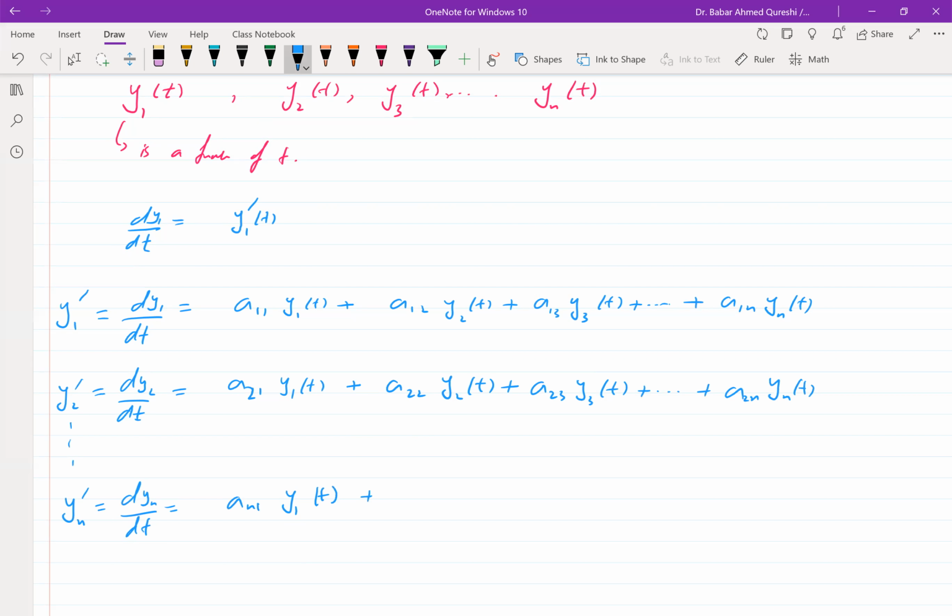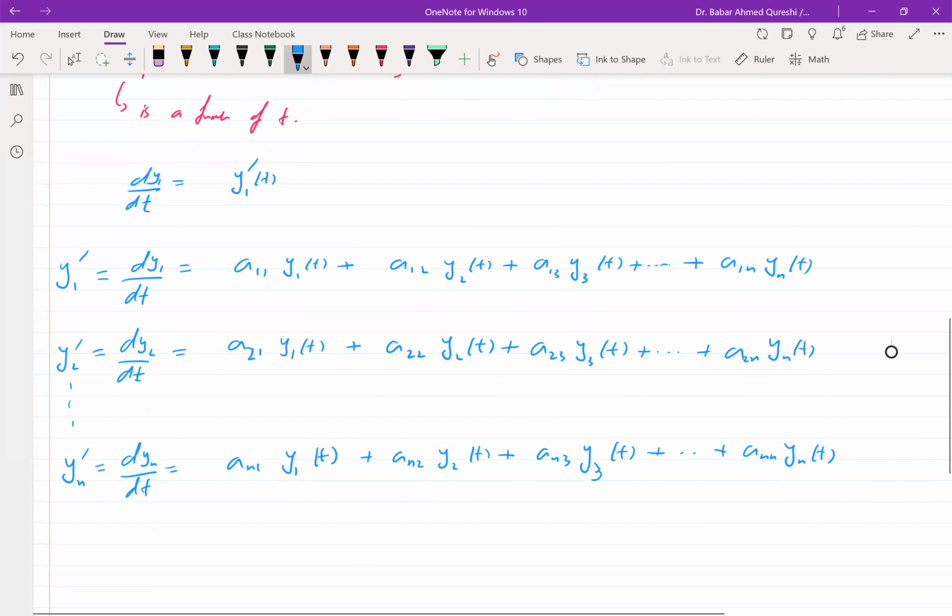Even among the linear equations, I'm just having one derivative of one function which is linearly related to all the other functions. Something like this.